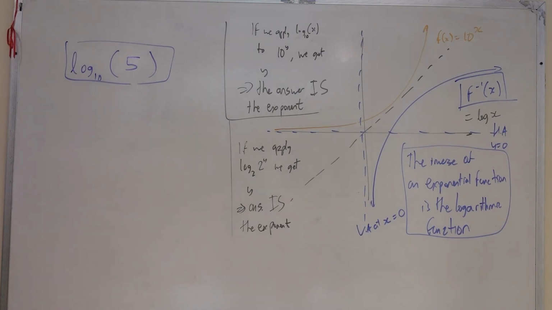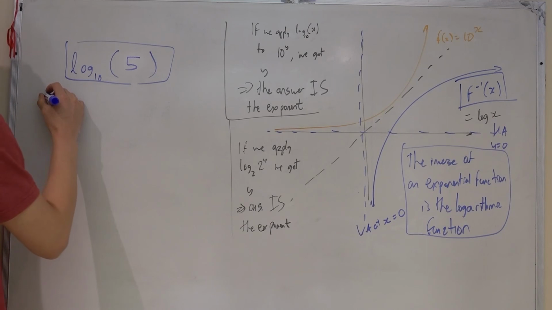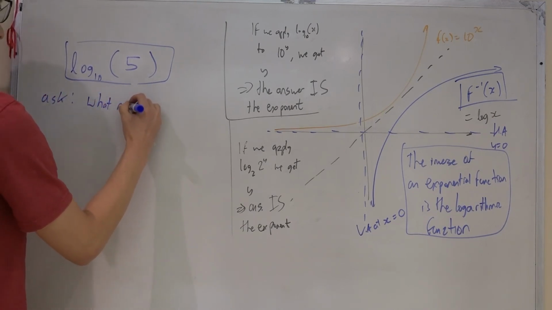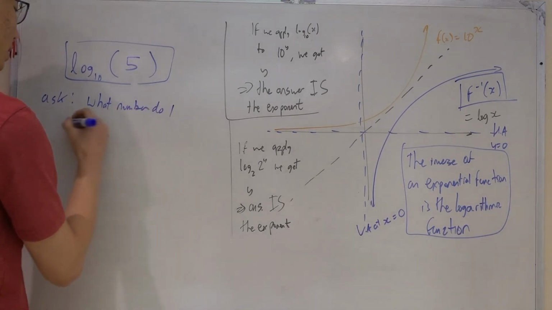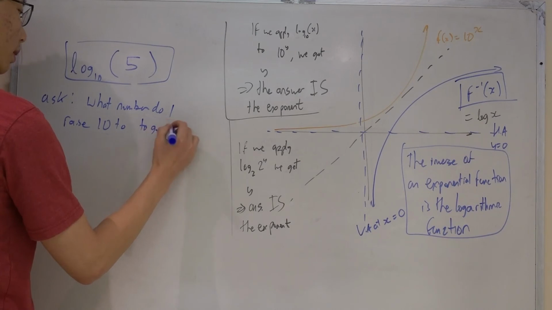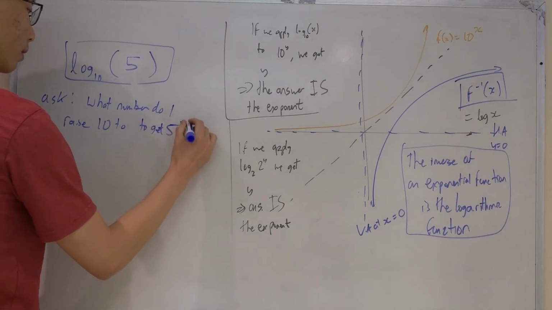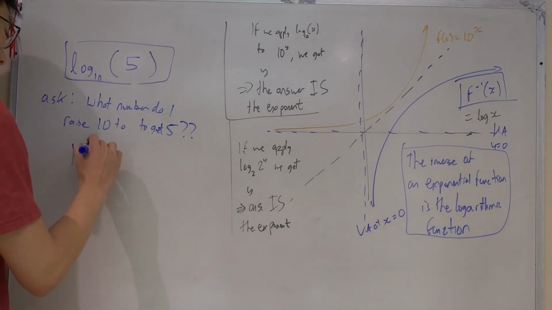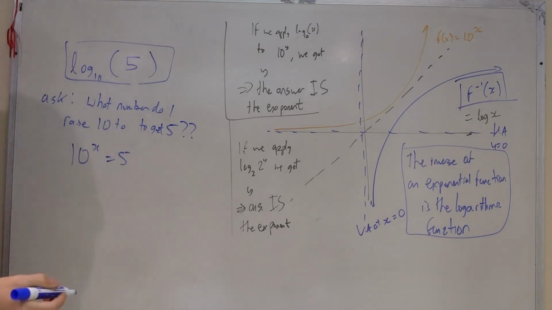That's not very easy to do, and the reason why is because we have to ask ourselves the question, what number do I raise 10 to, to get 5? We are trying to solve in our heads 10 to the what equals 5.